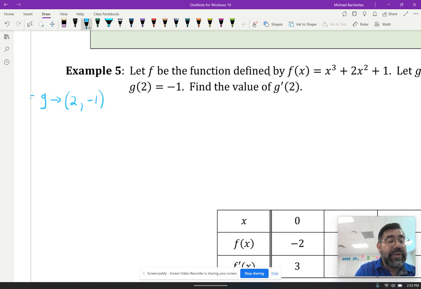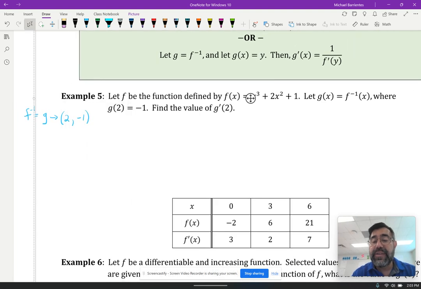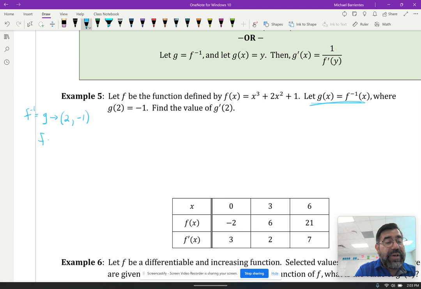But remember, g is the inverse of f. How do I know that? Oh, it tells us right here. G of x is the inverse of f. So the original f function has the point -1, 2, right?